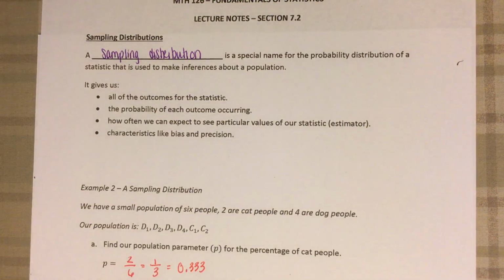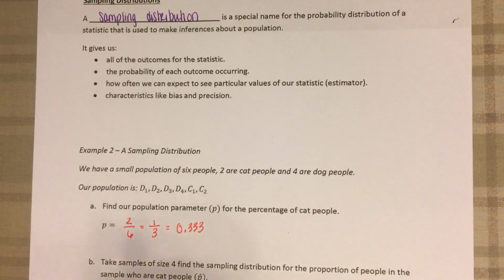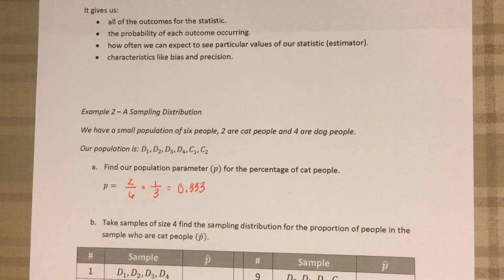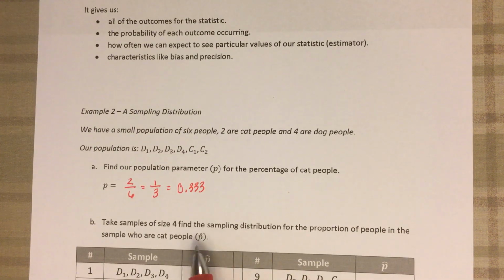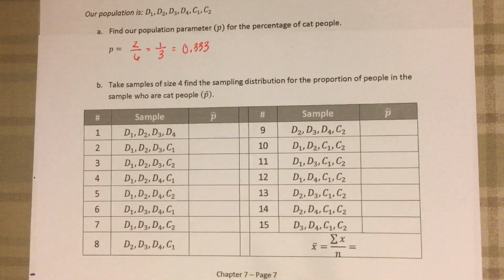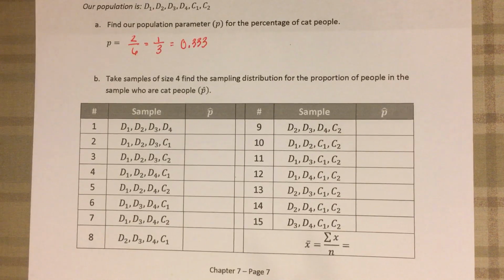Again, our P without any sort of extra notation represents our population. Looking at our table underneath, notice that we're looking at our P hat values. Our P hat values come from our samples, so that's why we're thinking about our sampling distribution. In this table, we have 15 different possible samples.